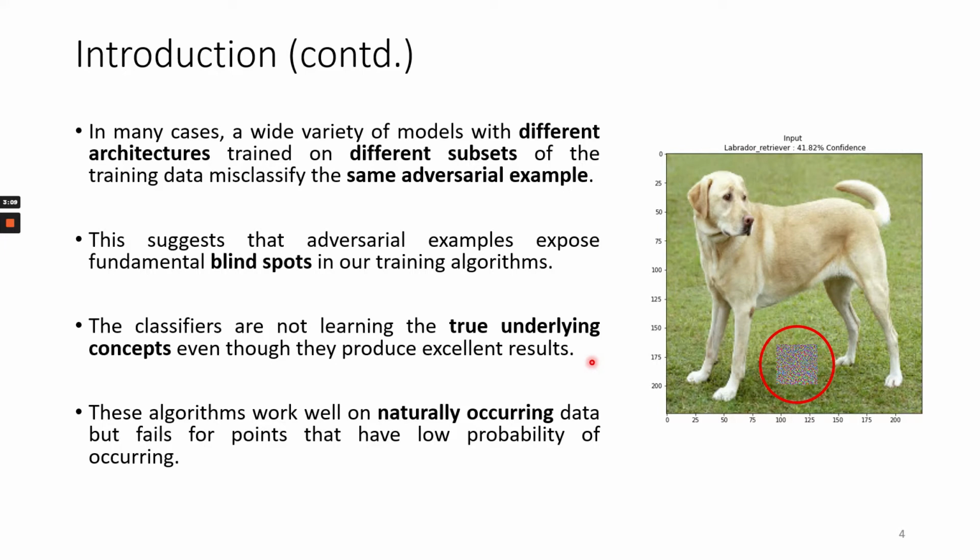So what the authors concluded was that naturally occurring datasets work well when they are used to train the model, but whenever we have datasets that are artificially created, or datasets that have perturbations that do not occur naturally, the models struggle to differentiate between them, and the accuracy of the model decreases significantly.